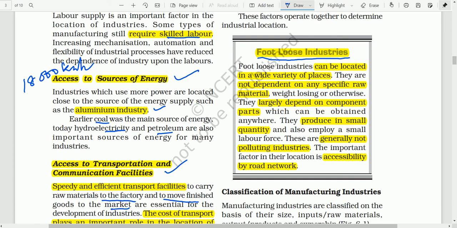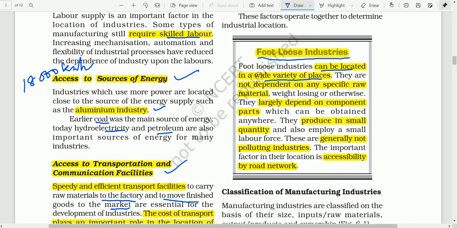Footloose industries. What are footloose industries, and what are the important characteristics of footloose industries? Footloose industries are the industries which can be located in any place, can be located anywhere. Footloose industries can be located in a wide variety of places.